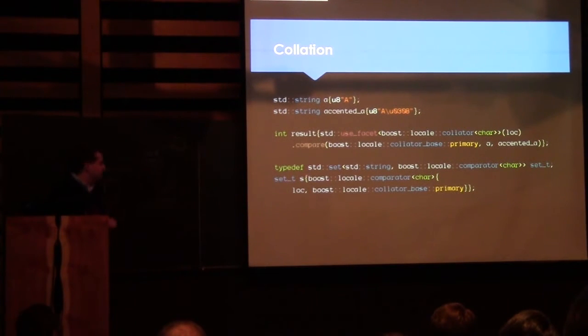Here we construct a set with this comparer. It'll actually handle Unicode equivalents, and it'll do the correct collation when you put things in the set. This is most useful, for example, if you're storing words in a language that has multiple representations, and you want to make sure that you only have one copy of each word.